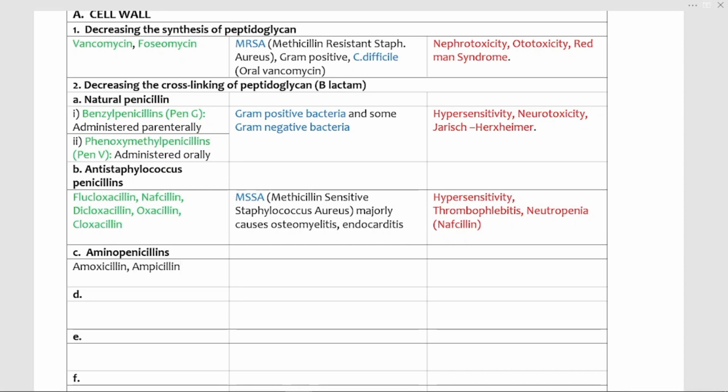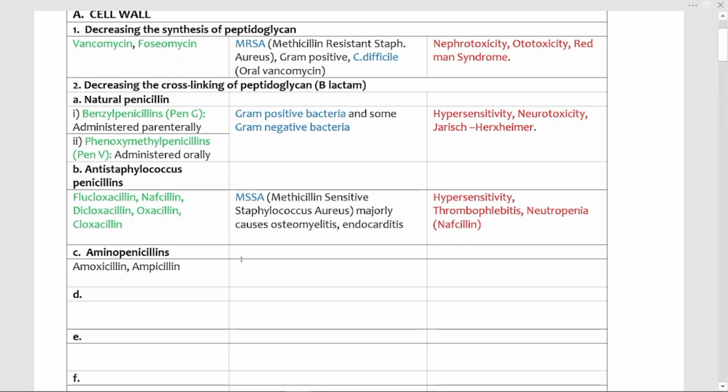Amoxicillin is majorly administered orally. I'm very sure you've come across amoxicillin, very common especially when dealing with pneumonia. Ampicillin always comes in an IV/IM formulation. So that's the major difference between the two.